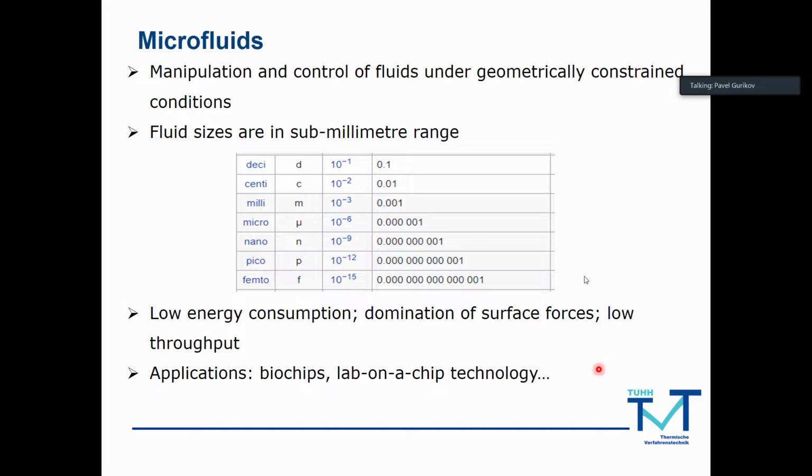We have here a classification of what can be considered to be microfluidics. Microfluidics, officially, is something that begins at a microliter, so 10 to the minus 6 liters. This is what microfluidics usually covers.